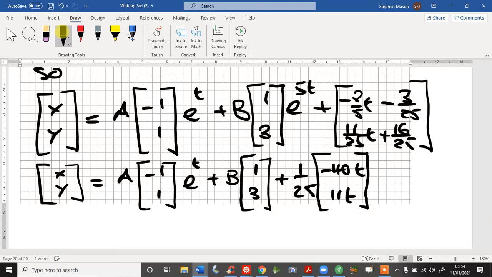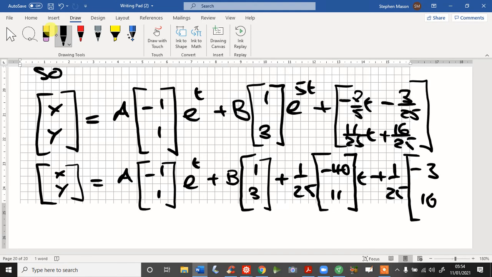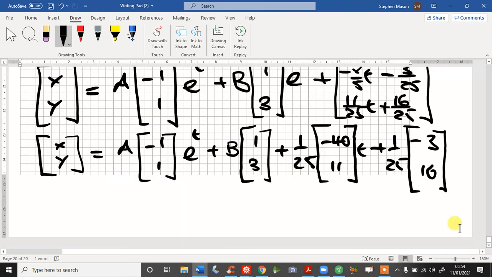This could have been written as, take the t's out, put the t there, plus 1 over 25 times minus 3 and 16. That's just my fancy way of doing it. And that basically is the solution.